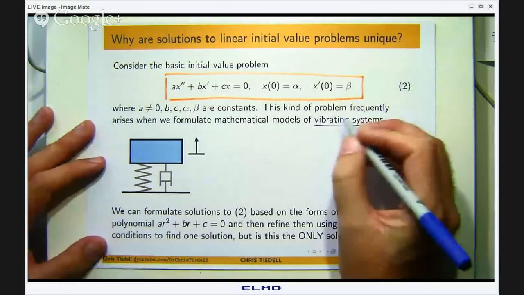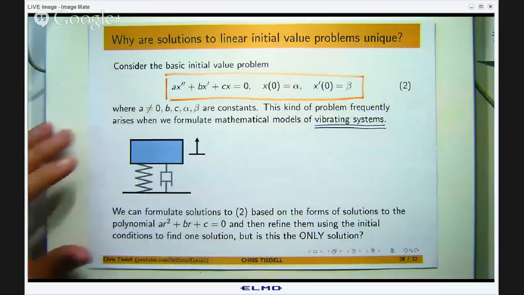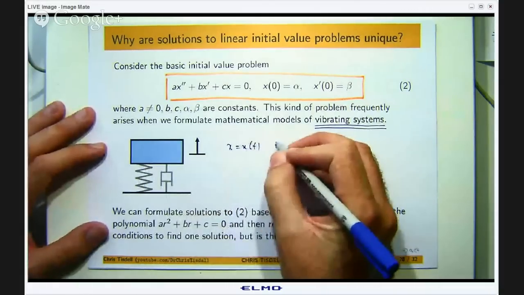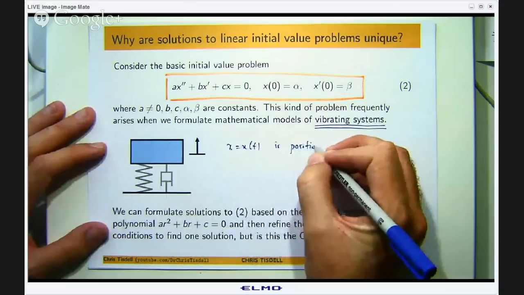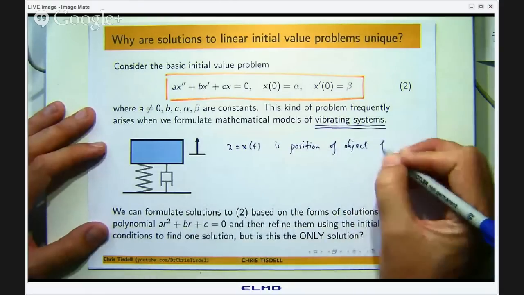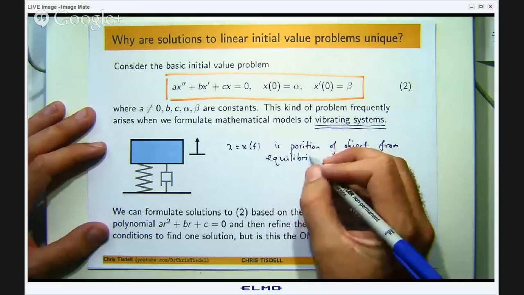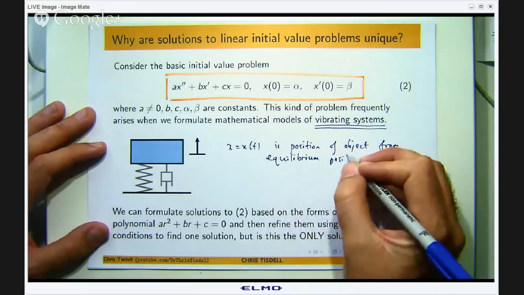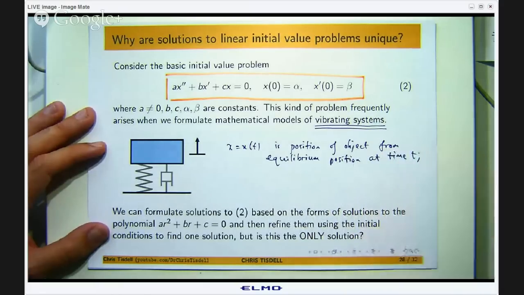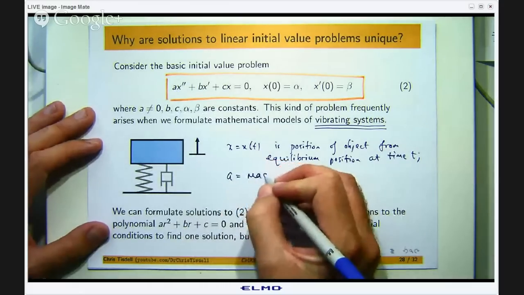The example that I've mentioned here is in vibrating systems. So you've got a spring mass and damper system, and here x of t is the position of the object from its equilibrium position at time t. A here would be the mass of the object.